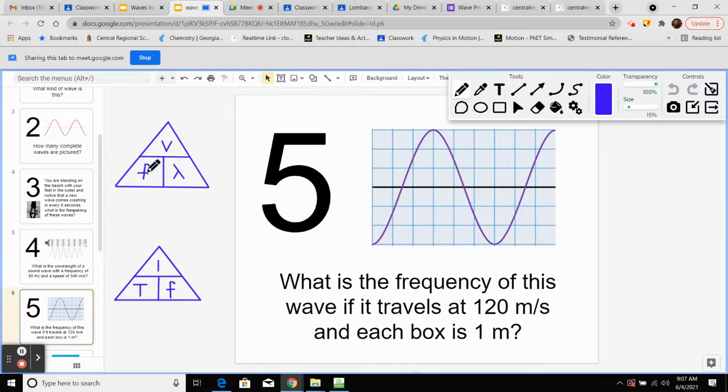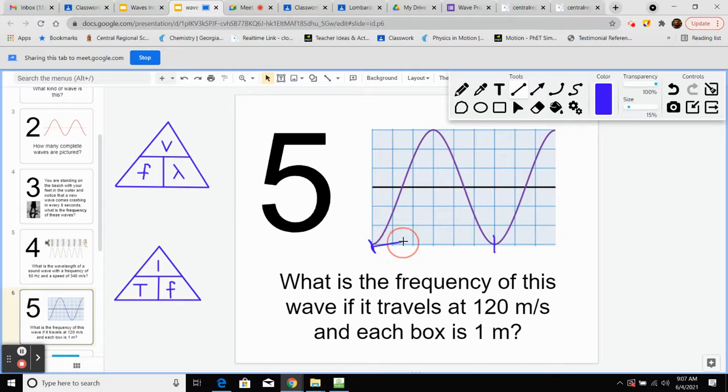If they want frequency and we have speed, that means we need to find out what this guy is, wavelength. So wavelength is going to be, all right, the distance between any 2 repeating points. So if we started down here, okay, the next repeating point would be right there, correct?